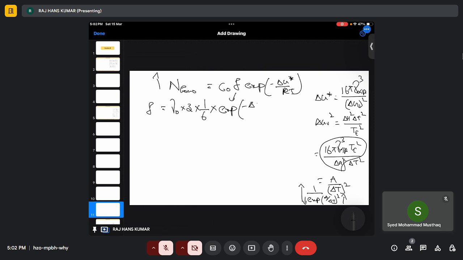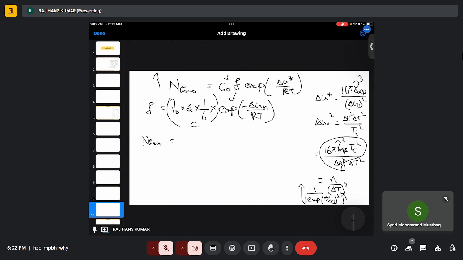That will be delta G, let's say delta Gm, okay? For simplicity, let's just assume delta Gm upon RT. Again, let's take all these terms as constant, which is C1, then N homogeneous will be equal to, please remember, C naught is nothing but the initial concentration, right?